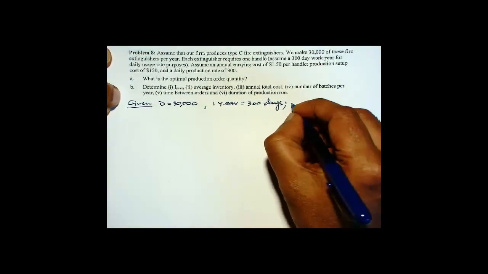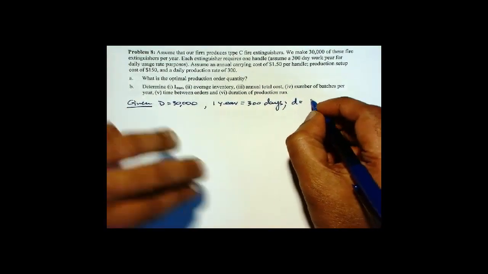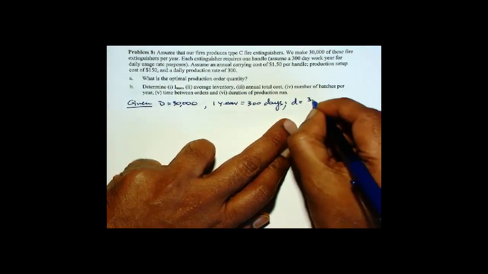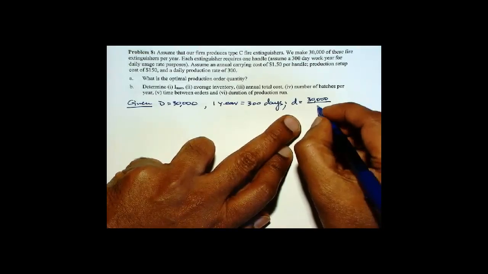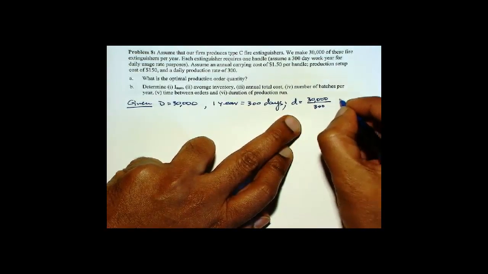Which means our demand rate is 30,000 divided by 300, which will give us 100 per day.